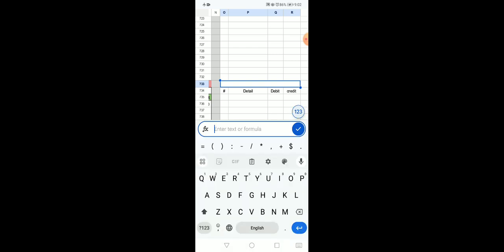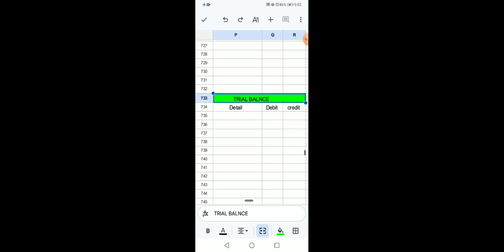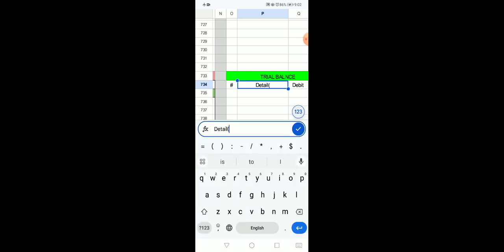And here is your format for the trial balance. Please understand how many columns we have used over here. All right, the first column will be used for the numbers. Here is the title, where you will write the name of your ledger.